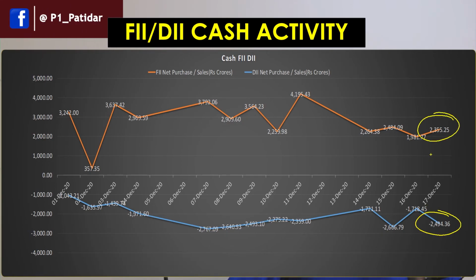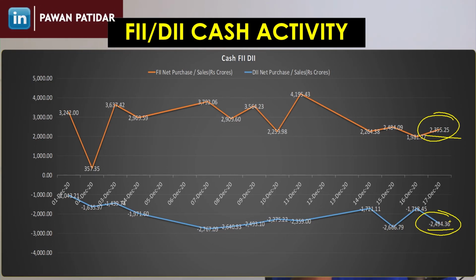But if you see here, FIIs bought about 2,355 crore worth of stocks, and DIIs sold 2,494 crore. It means DIIs sold more than what FIIs could buy. So where has this difference gone? Means why didn't the market fall down? It means some of the difference has been compensated by other players, maybe some mutual funds or some traders or retail traders as well.